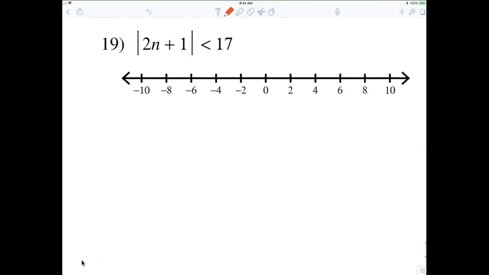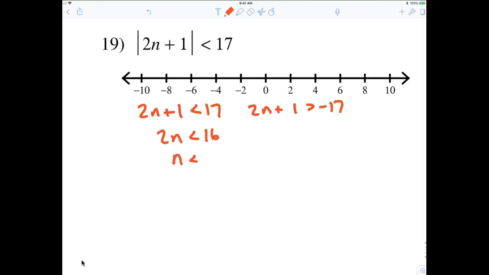So again, not difficult. 2n plus 1 less than 17. 2n plus 1 greater than negative 17. So 2n is less than 16.